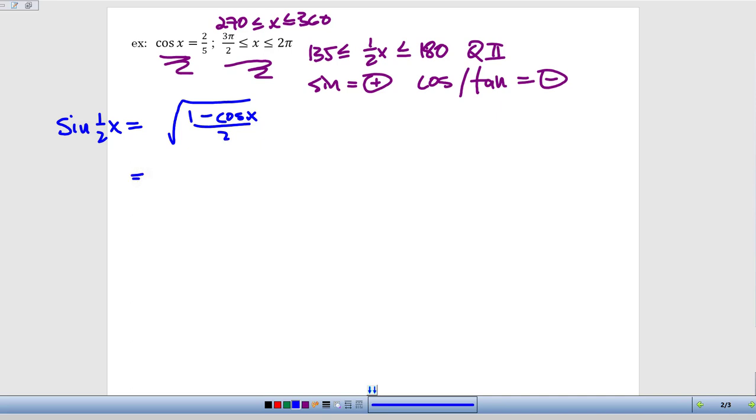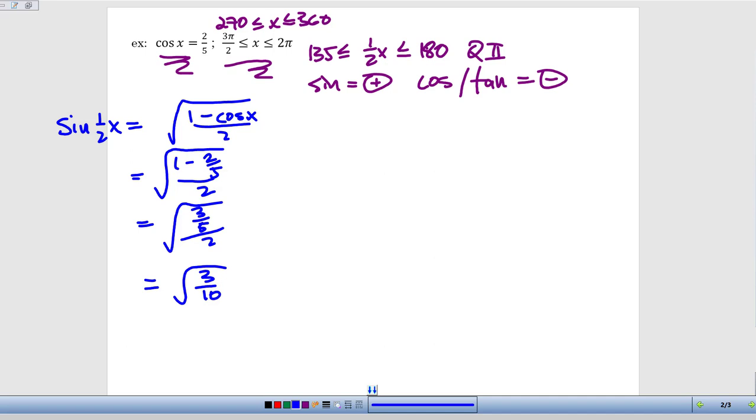So we have 1 minus 2/5 all over 2, all underneath the square root symbol. 1 minus 2/5 is 3/5, so we've got 3/5 over 2 underneath the square root. If we take 3/5 and multiply it by 1/2, we end up with 3/10.